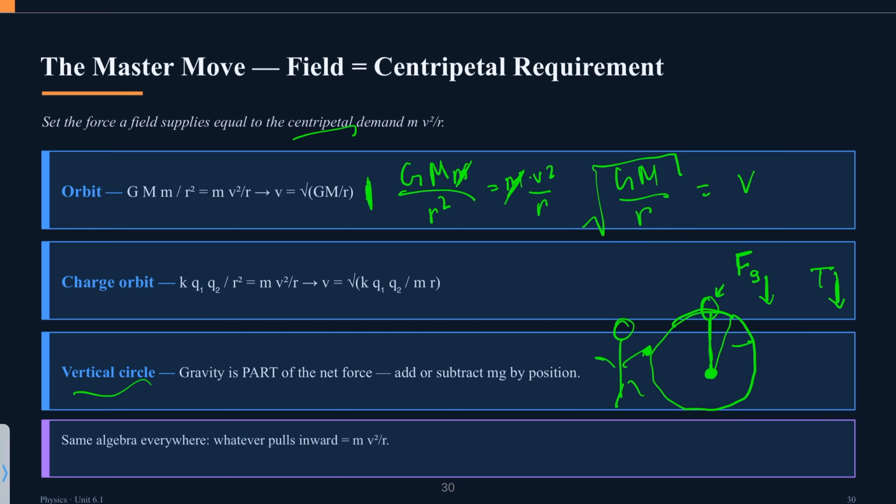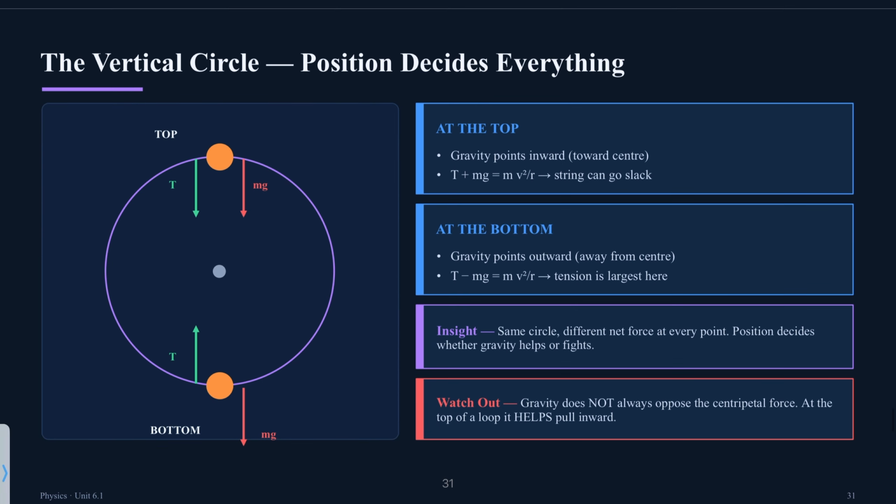Because we have to go downwards to here. So then if our tension was our total force centripetal, then that wouldn't make sense, right? Because we have a force of gravity as well. So it wouldn't be able to stay in orbit. So that's why we're going to have to incorporate gravity as well. And I'll show you how to do that coming up, okay? It works different at different points in the circle.